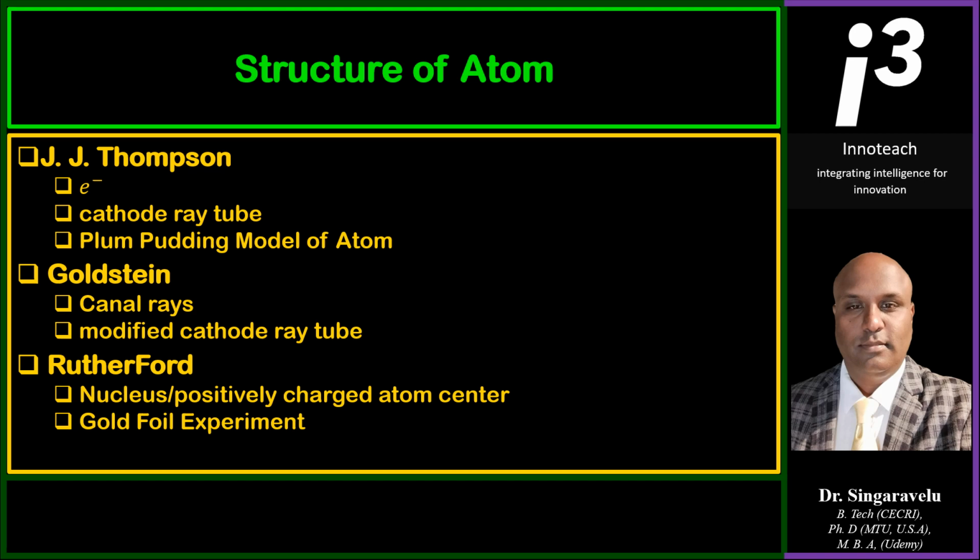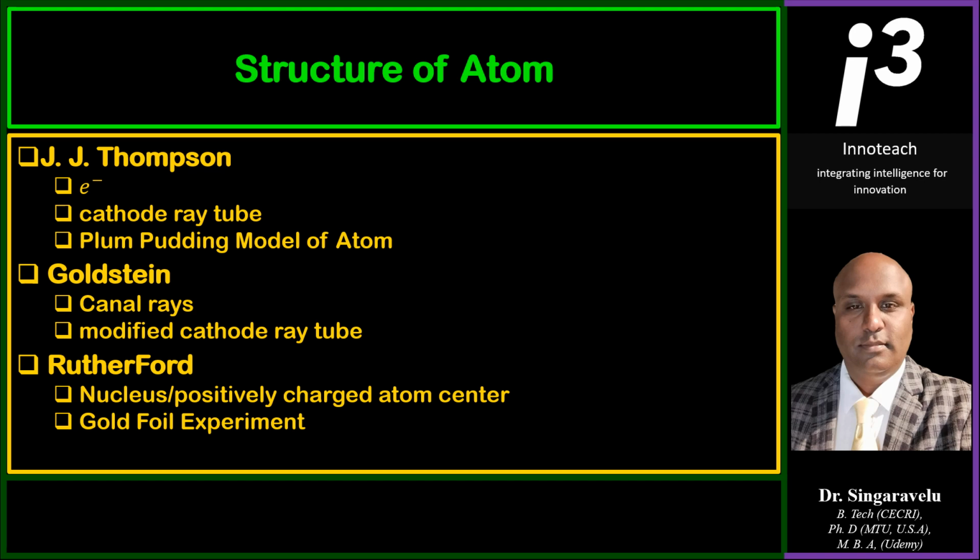And the observations of his study led him to conclude that the atom was indeed not a positively charged sphere in which the electrons are distributed. It was indeed concentrated in the center. How?